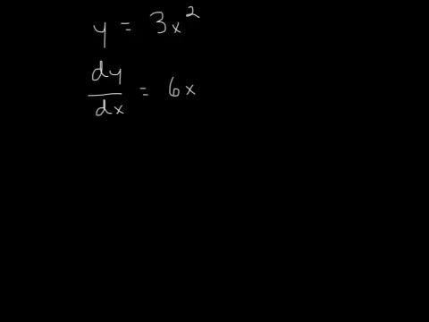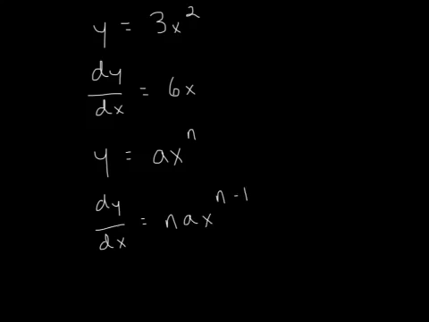Okay, so here's the derivative we found for 3x squared, and what you're going to end up noticing is that if y equals some value a x to the n, then dy over dx, the derivative of y with respect to x, ends up being n a x to the n minus 1.